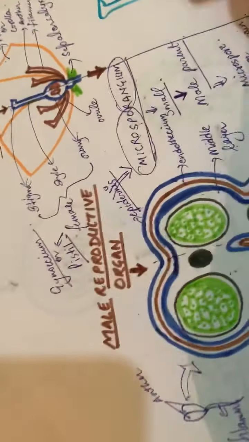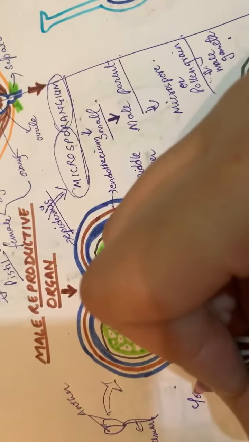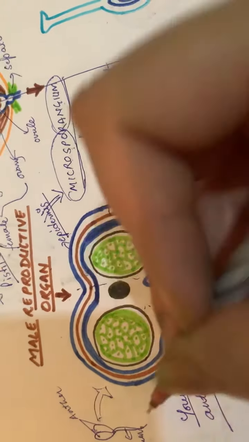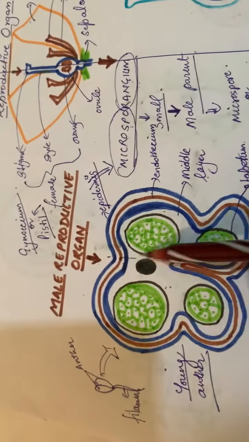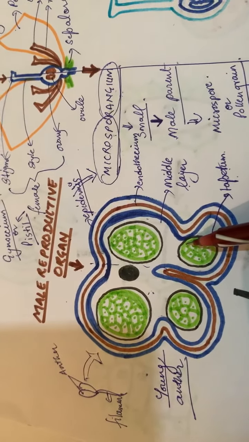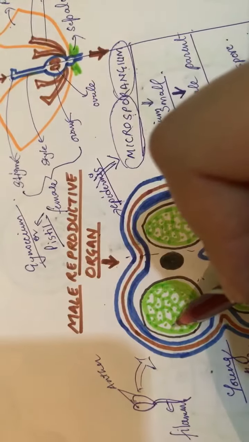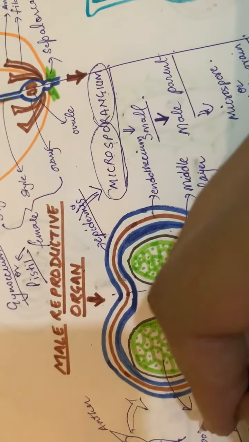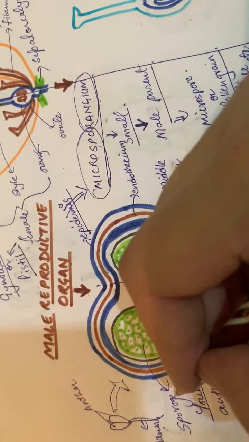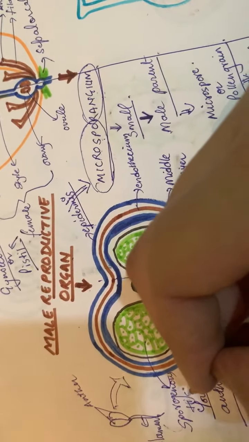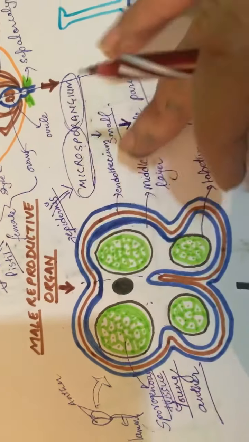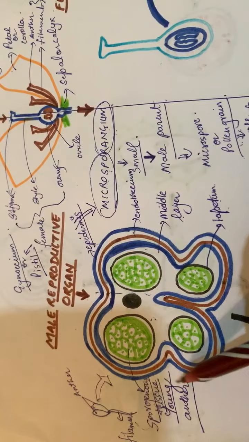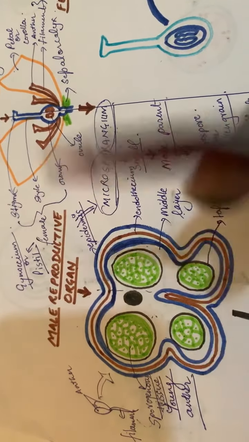And this is the structure of a young anther or young microsporangium. Okay, children, each lobe comprises of a tissue called sporogenous tissue. Okay, these lobes comprise sporogenous tissue during the young condition.